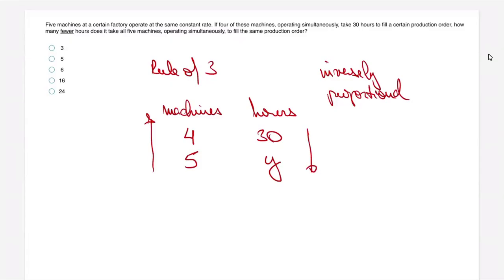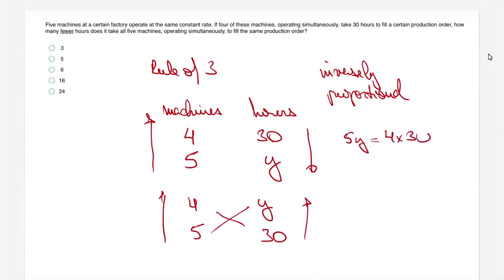So before you cross multiply, you need to adjust the arrows or just do parallel. Okay. Now that the arrows are both up, you can cross multiply. So it will be 5y is equal to 4 times 30. 30 divided by 5 is 6 times 4 is 24. So it will take 6 hours less.